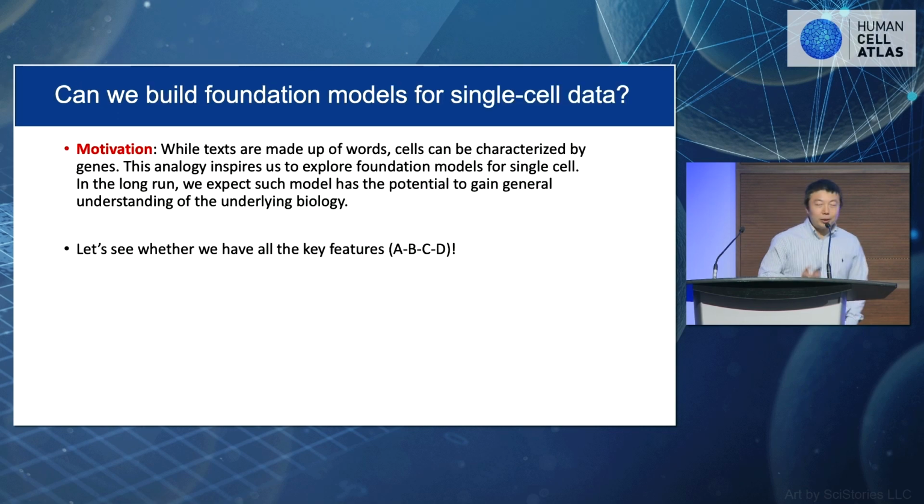And the idea we thought about is, can we build a foundation model for single-cell data? The motivation is quite clear: while texts are made of words, cells can be characterized by genes. This analogy really inspired us to explore foundation models such as GPT-like models in single cell. Let's see whether we have all the key features A, B, C, D in single cell.